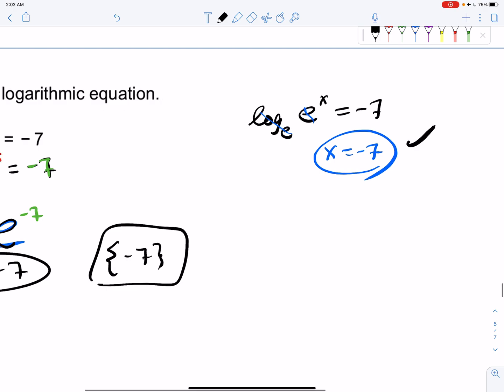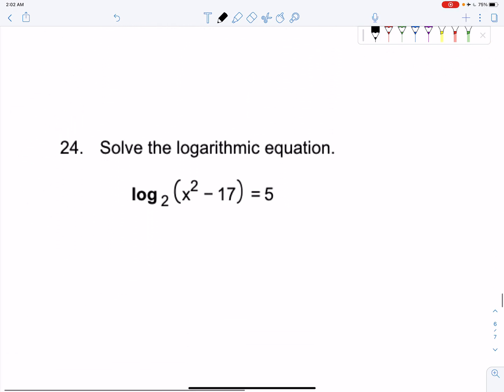All right. Okay, next problem. Solve the logarithmic equation. Well, it's getting a little tougher here. The base is 2, raised to the 5th equals the argument.